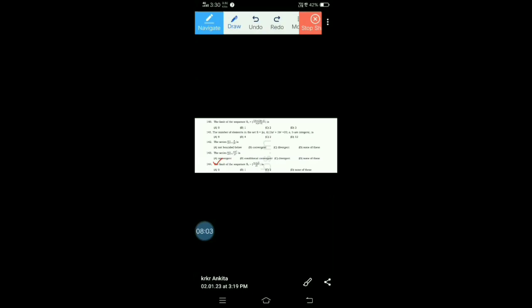Now, the limit of the sequence is what? Again the given sequence Sn is equal to (3 plus 2 root n) upon root n.